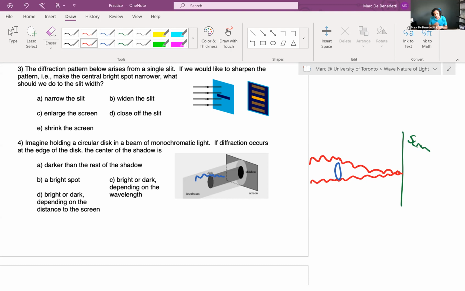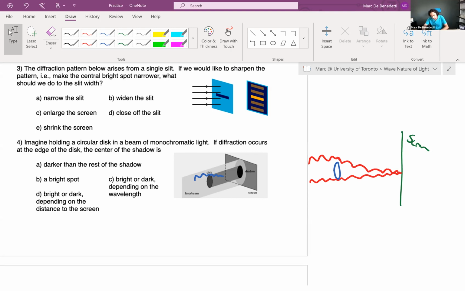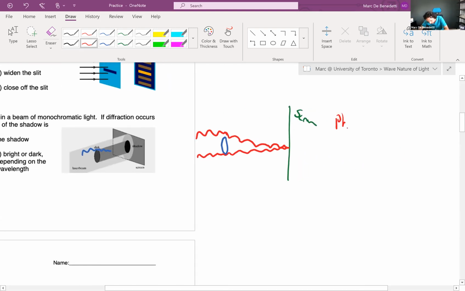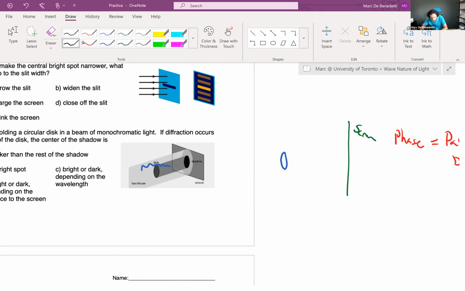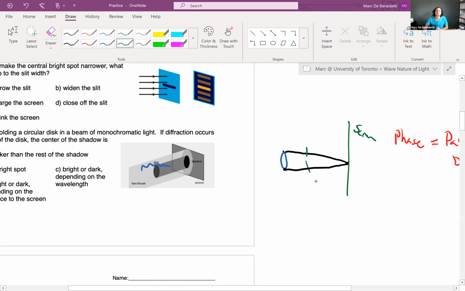So yes, they're meeting up here. The question is, are they meeting up in phase or out of phase? This question of phase is a function of path difference, so the path difference is really what's important here. If we look at the path that these light rays take, the light will go from here to the center, and the light ray will go from the center to here, and this is an equilateral triangle.